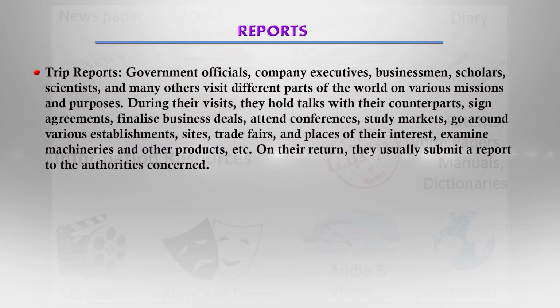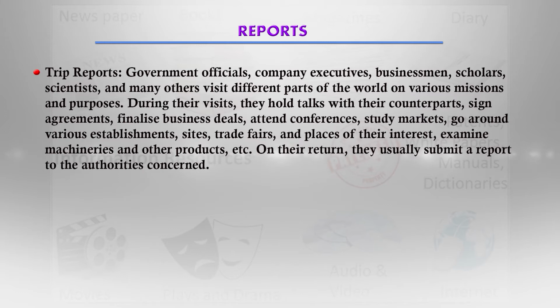The third category in the reports is trip reports. Government officials, company executives, businessmen, scholars, scientists and many other persons visit different parts of the world on various missions and purposes.